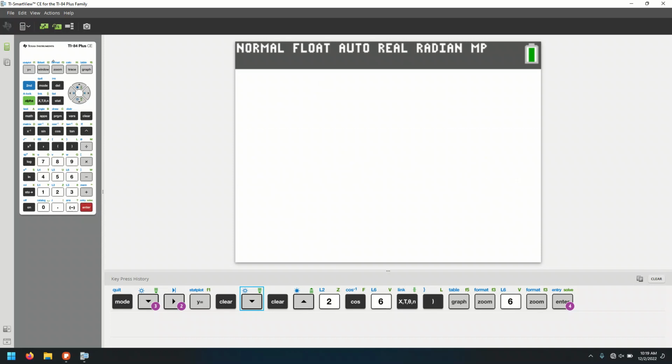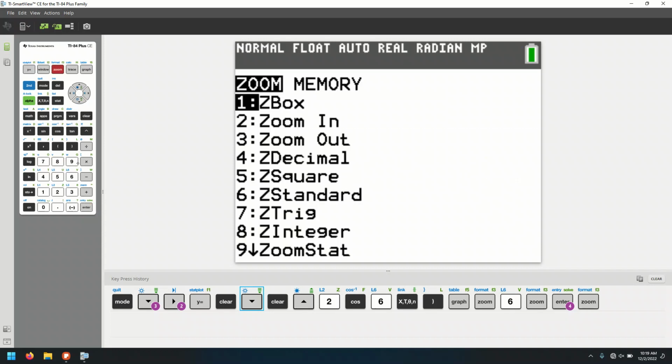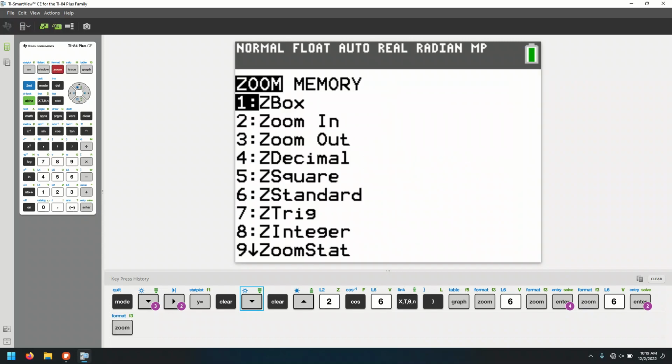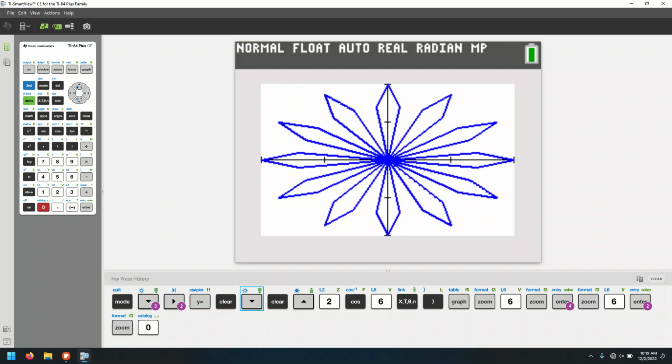Zoom, standard, enter. For whatever reason, it's not zoom 0. Okay, that's zoom. It looks a little sharp in the corners in this case. That's because of the window.